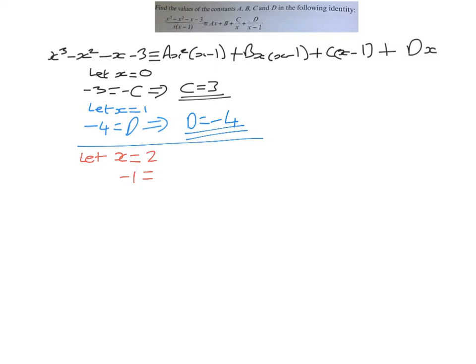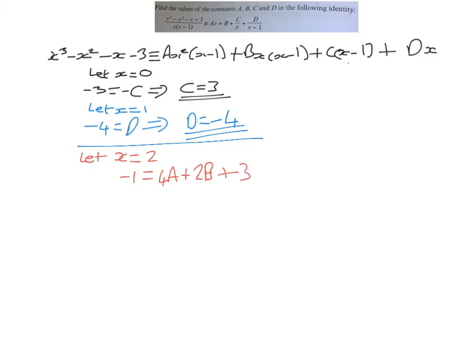Let's have a look. On the right-hand side, for the A bit, you've got 2 squared times 2 minus 1, so 4A, plus 2 times 1 of B, so that's 2B, plus, we know C is 3, so that's 3 times 1, plus 3.